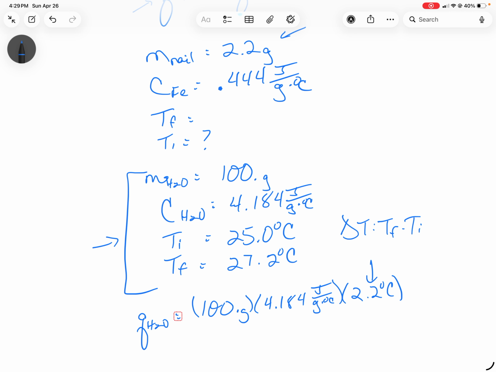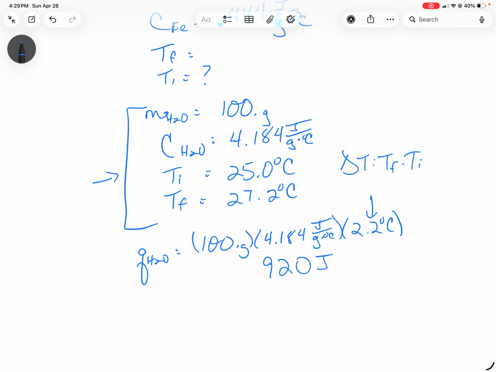So I'm just going to go ahead and put that down as 920 joules. That's the amount of heat that was absorbed by the water. We are therefore assuming that the heat lost by the nail was that amount, but it was lost, so we're going to say negative 920 joules.